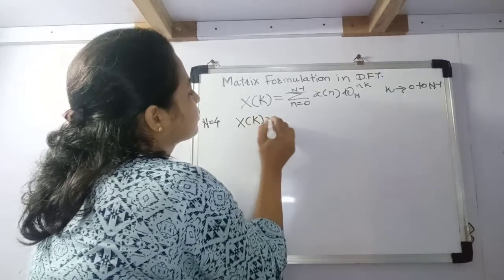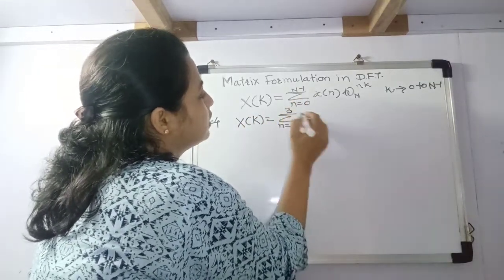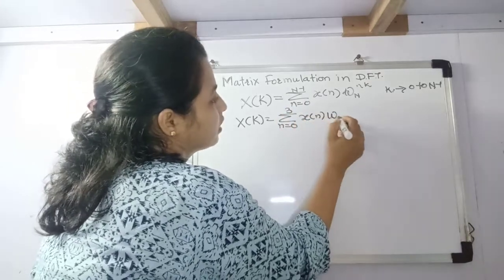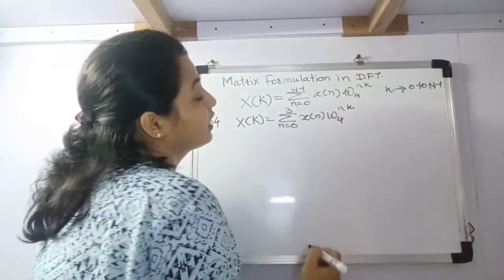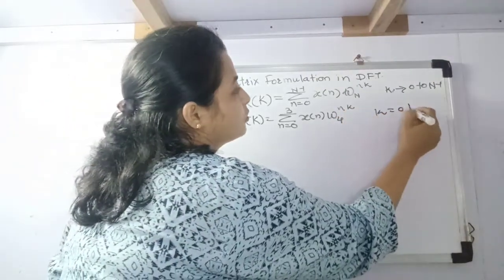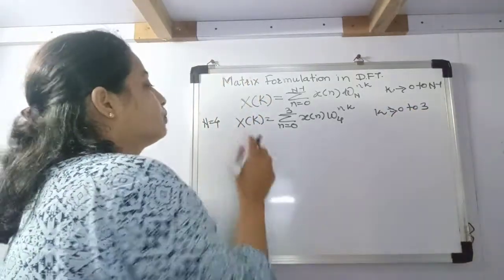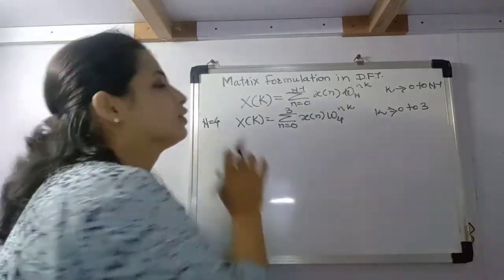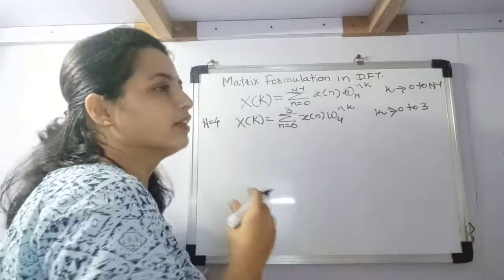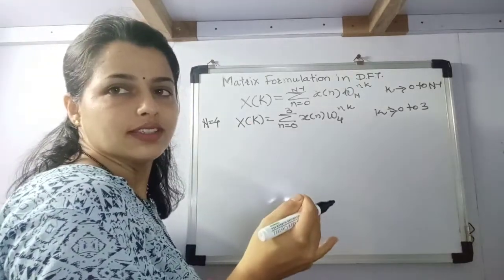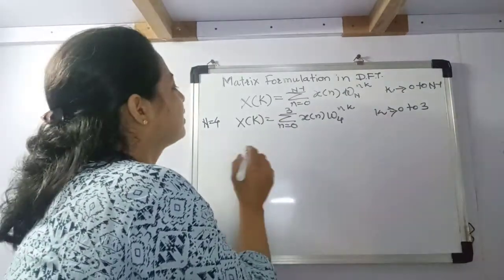So X of k is the sum from n equal to 0 to 3 of x of n, W_4 raised to nk, and k is varying from 0 to 3. For N equal to 4, we will calculate a 4-point DFT. Values of k will be 0, 1, 2 and 3. We'll write all those values again.